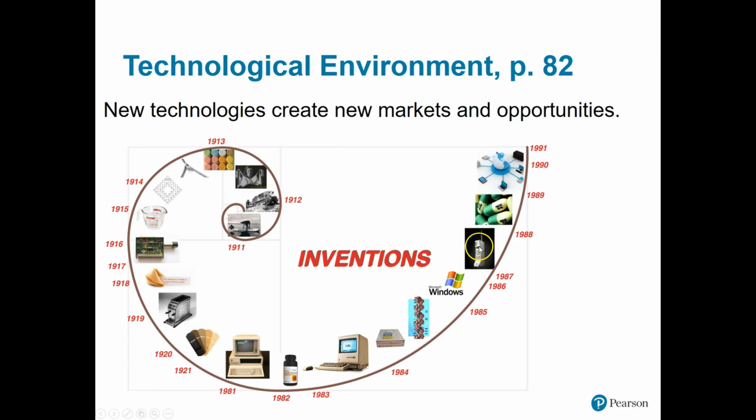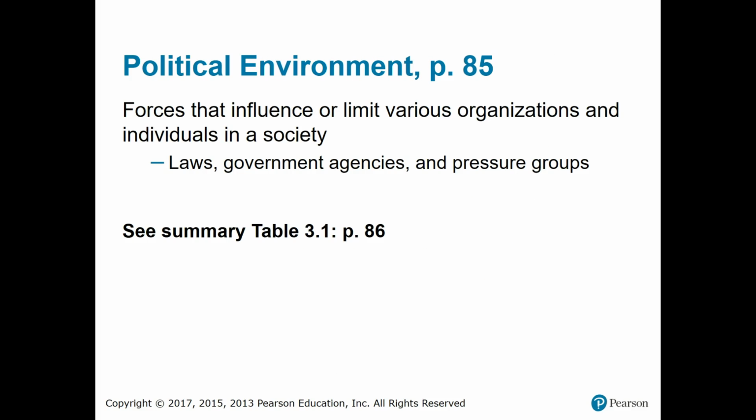Yeah, I remember those. And the first car phones were about this big too. So all of these inventions have really impacted how we do business and how we can market and to whom we market and what we market. Makes sense, right? So we need to keep track of that.